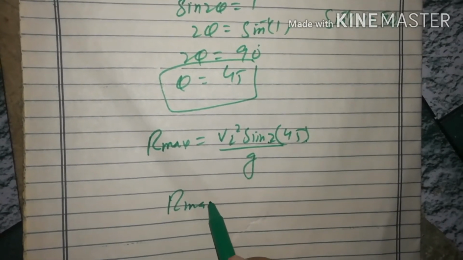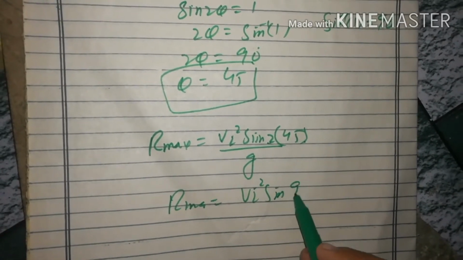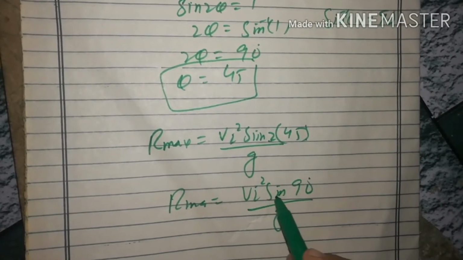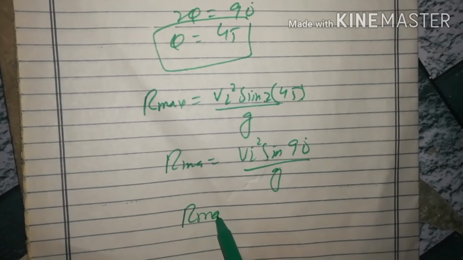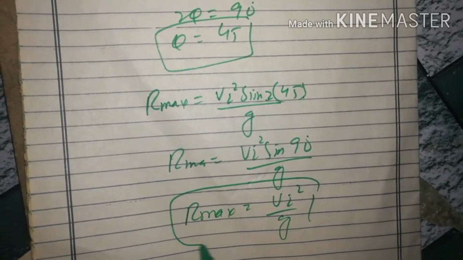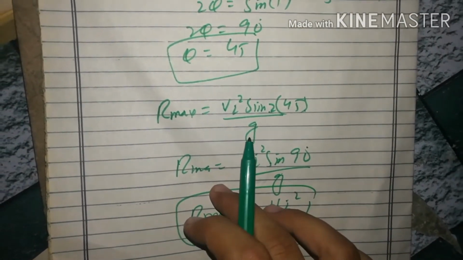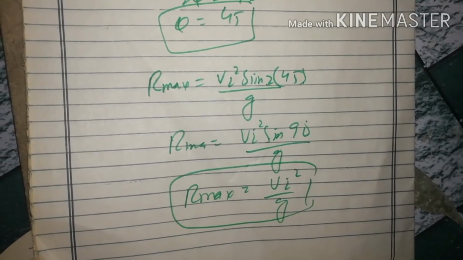R max is equal to Vi square sin 90 divided by g. Sin 90 is equal to 1. So R max is equal to Vi square divided by g. Okay, so this is the equation for the maximum range of the projectile.